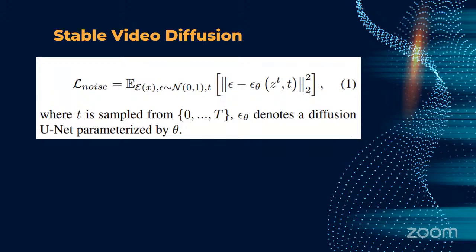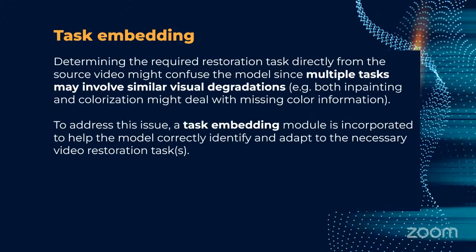Then next, let's continue with the first actual module constructed here for SVFR. That module is the so-called task embedding module. The problem here is that several of the subtasks in the SVFR framework can potentially involve similar types of visual degradation. For example, the problem of missing color information can be a problem in both the inpainting task and also the colorization task.